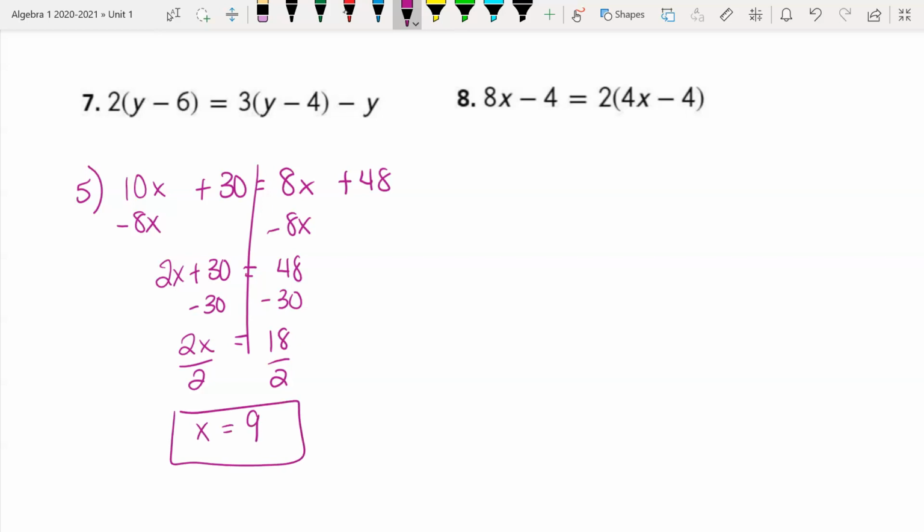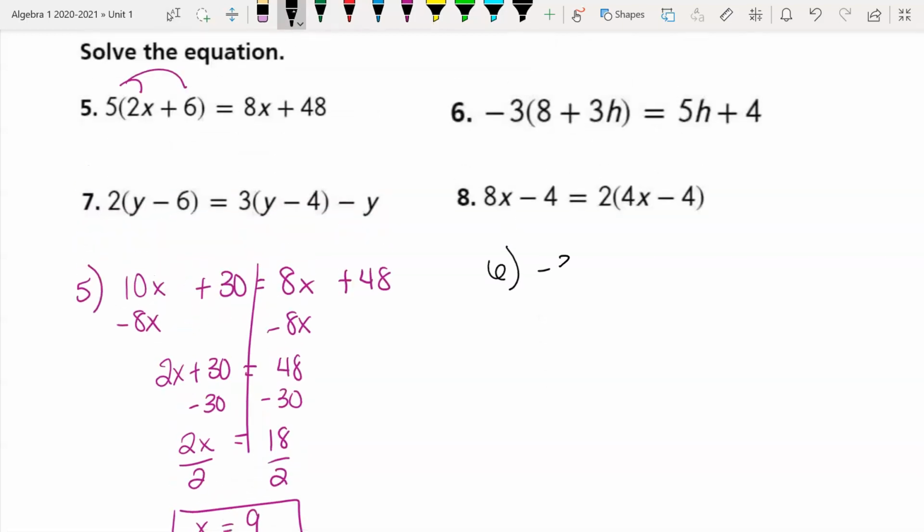So hopefully for number 5, you got x equals 9. So that would be one solution.